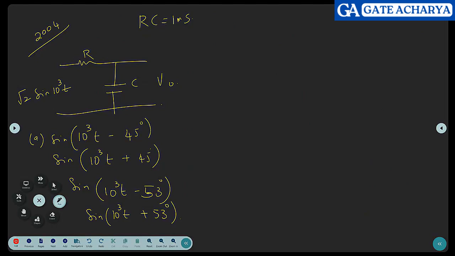How will you go about it, sir? We already did. What is V out by V in? 1 by RC j omega plus 1. I'm only interested in the phase of V out by V in. What is the phase of it? Minus tan inverse of imaginary part RC omega divided by real part 1.